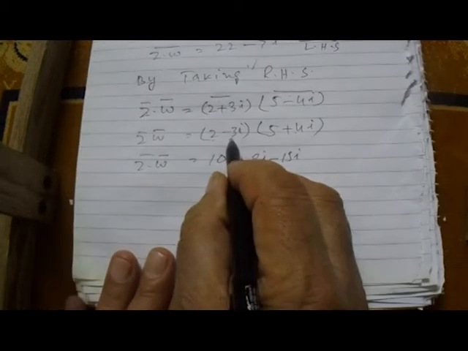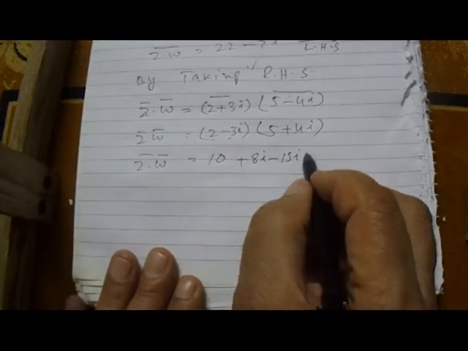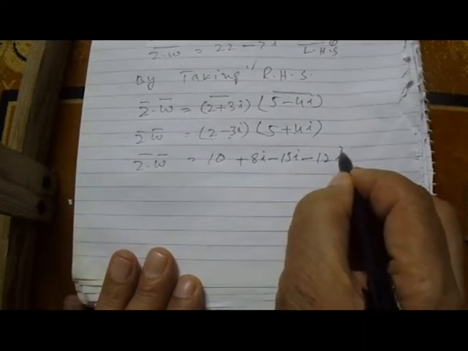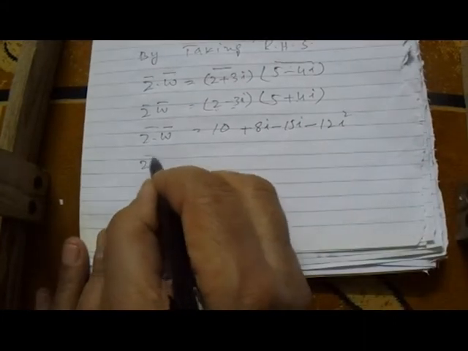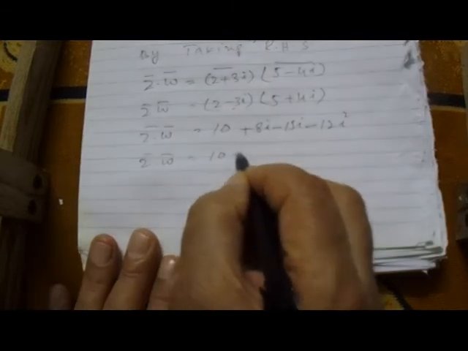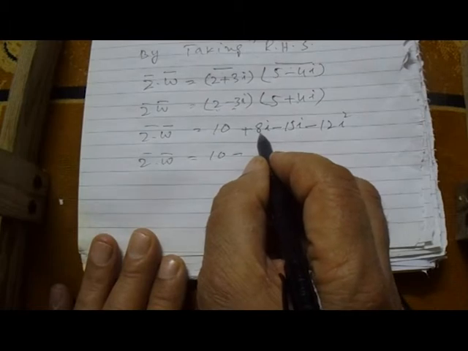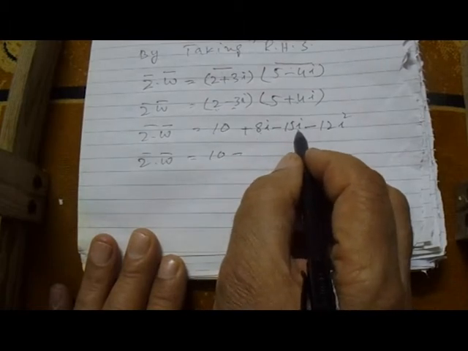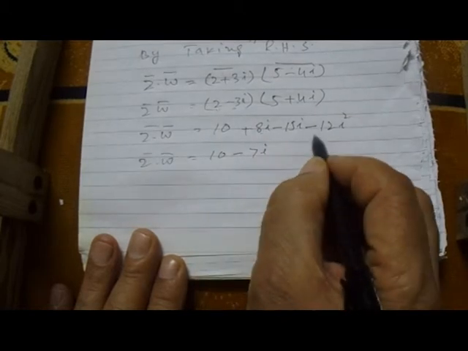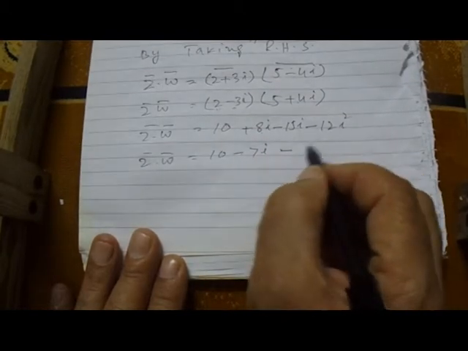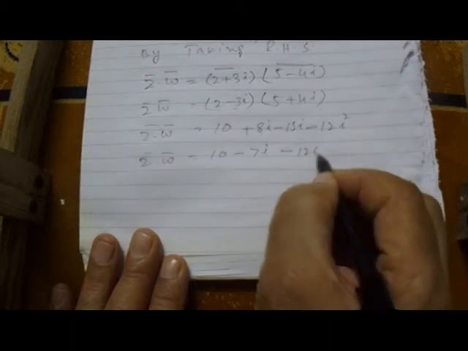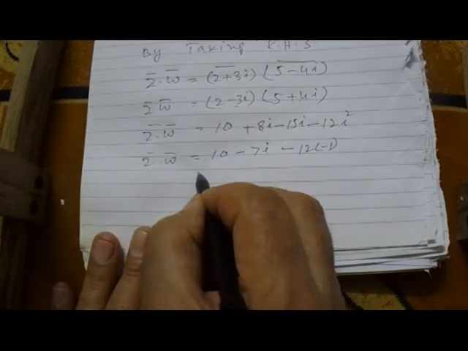Now minus 3i times 5 is minus 15i. Now minus 3i multiplied by plus 4i, we write here minus 12i squared. z bar w bar is equal to 10 plus, now this 8i and minus 15i, we write here minus 7i. Now this minus, and we write minus 1 in place of i squared.